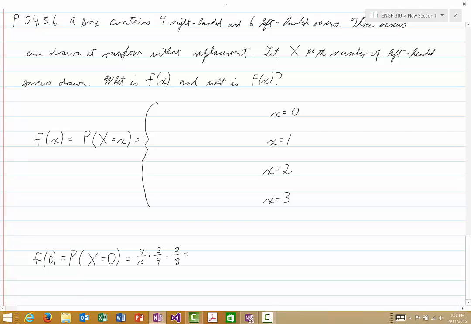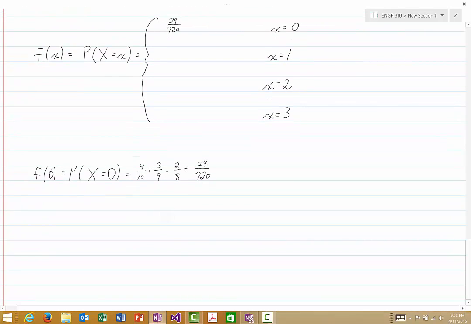And so we have a total here of 4 times 3 is 12, times 2 is 24 over 720. That's the probability that there would not be a single left-handed screw drawn: 24 out of 720. Now we want to figure out the probability that there is 1 left-handed screw drawn.